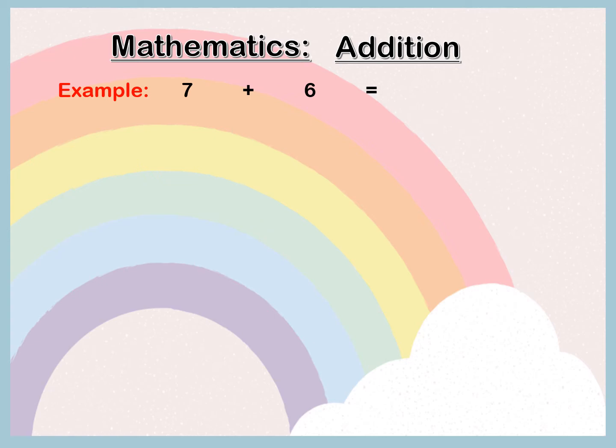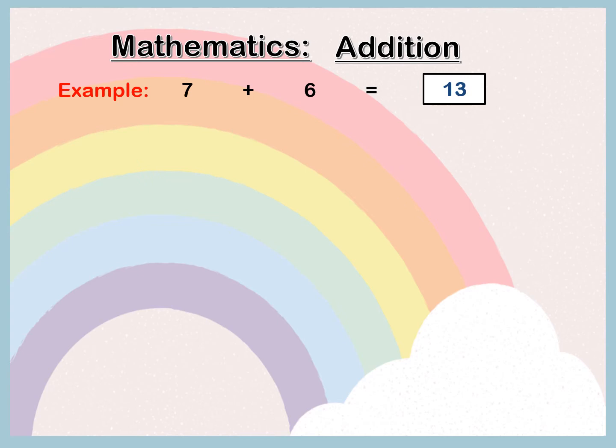Time's up. So what do you think is the answer? Ask your mom and dad for help. Okay, I'm going to show you the answer. 7 plus 6 is equals. Did you get it right? The answer is 13. 7 plus 6 is equals 13.